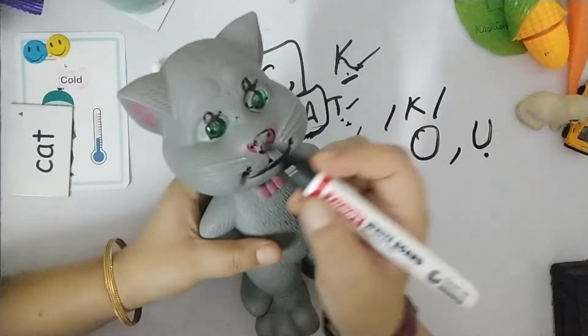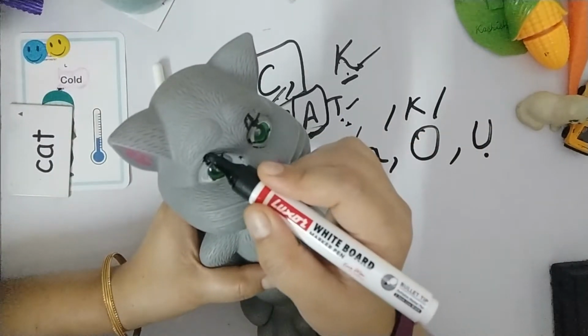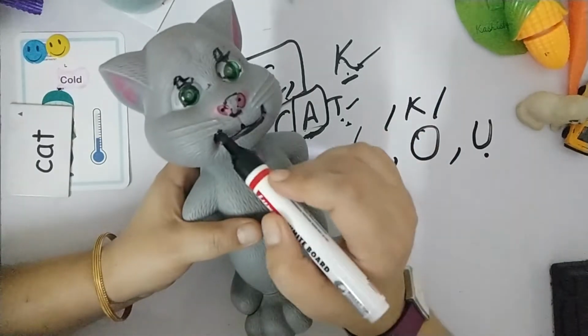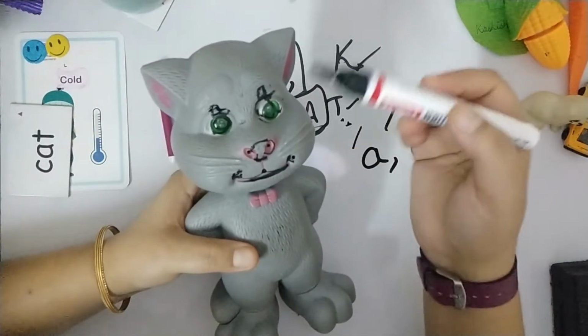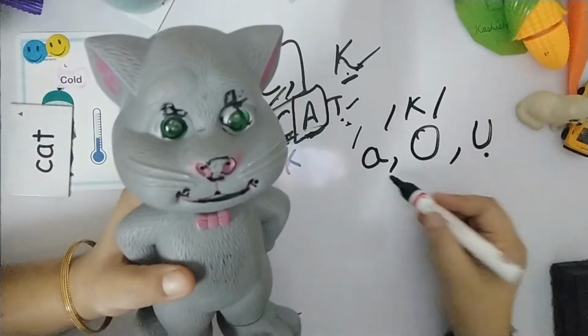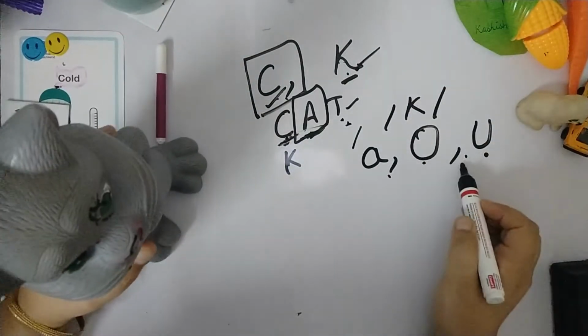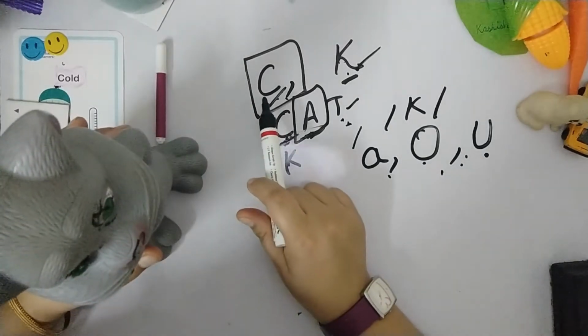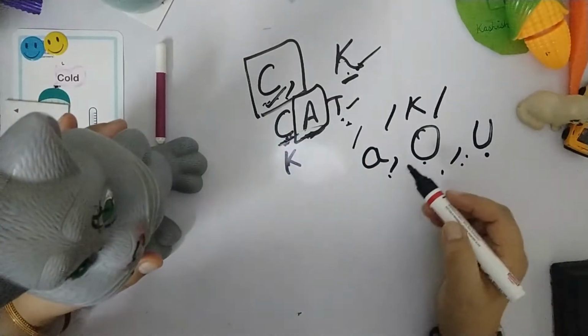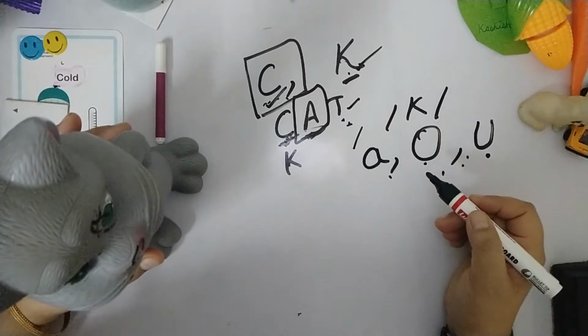You can consider these eyes as A, the nose as O and this mouth as U. So whenever we see A, O, U in any spelling, in those scenarios we will be using letter C. Obviously the toddler doesn't know the spelling, but they are able to understand the phonics.